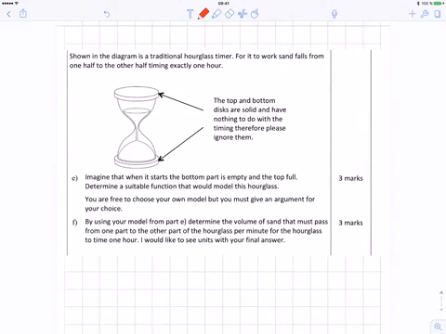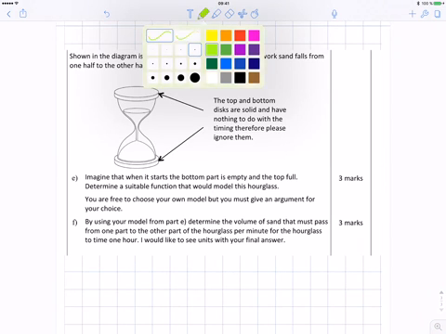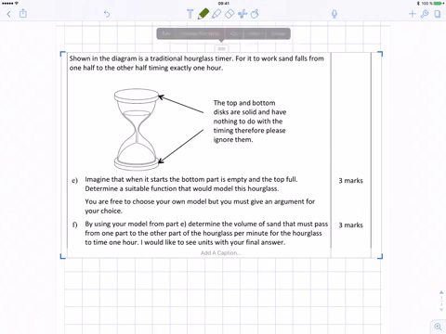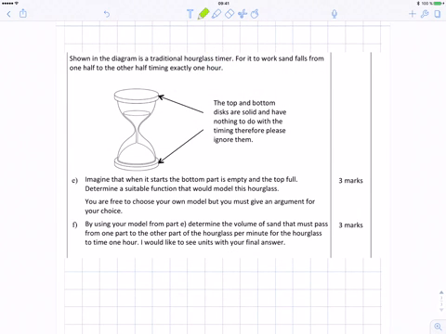Shown in the diagram is a traditional hourglass timer. For it to work, sand falls from one half to the other. Now, when I looked at this, I thought I saw a function.